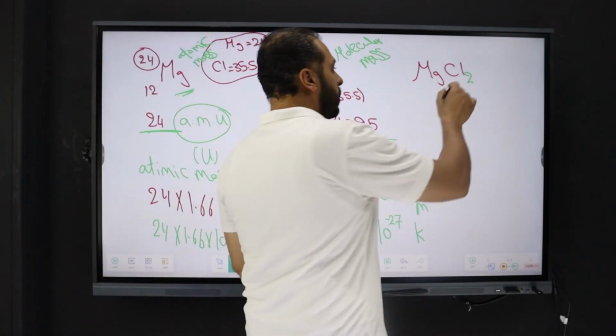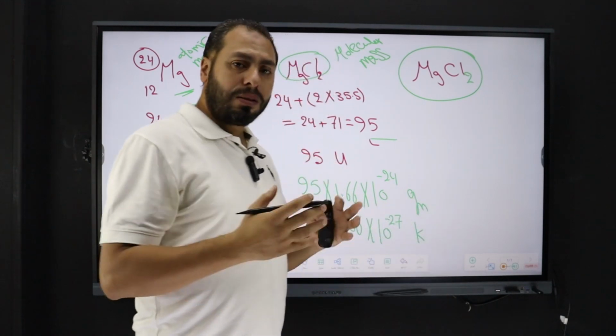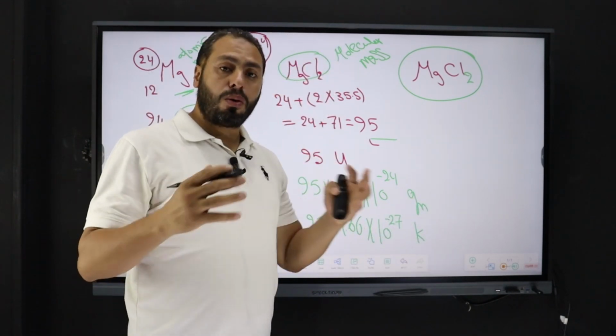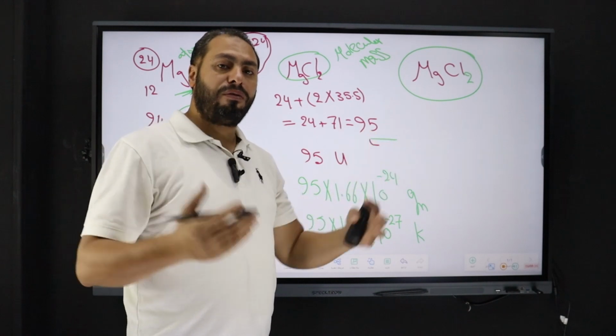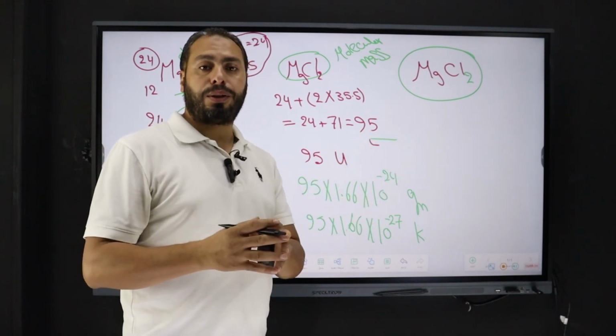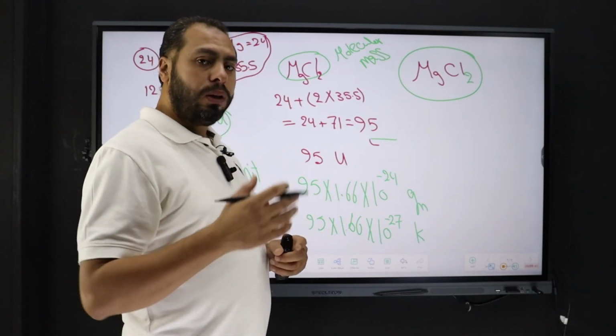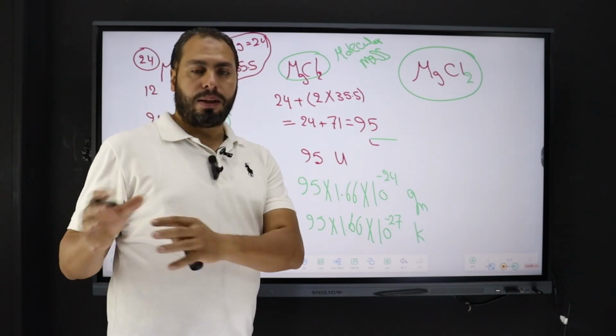But we have here something called mole. What is meant by mole? Mole is like a dozen. If we have a dozen of pencils, a dozen of t-shirts, a dozen of slippers, and so on, a dozen of anything equal 12 units.